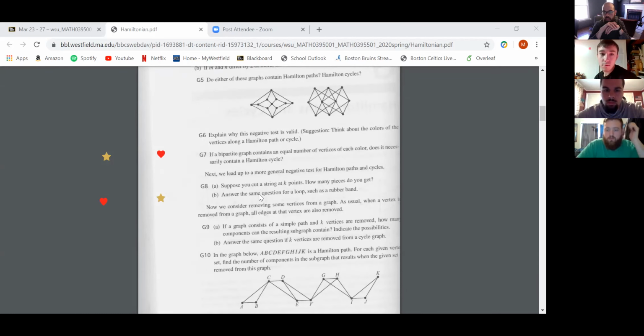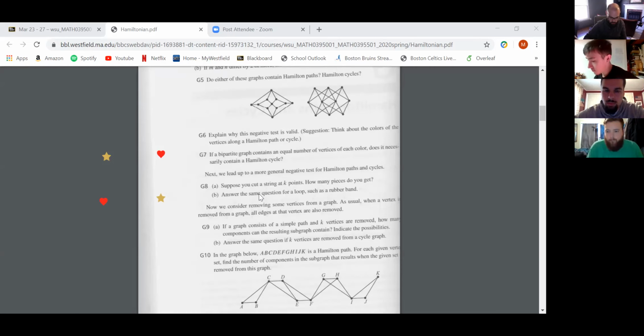So again, negative conditions. Could you come up with something where, if I delete so many vertices, what if it has a Hamiltonian path? How many components should I be getting? Things like that. This is going to be called our subgraph condition.